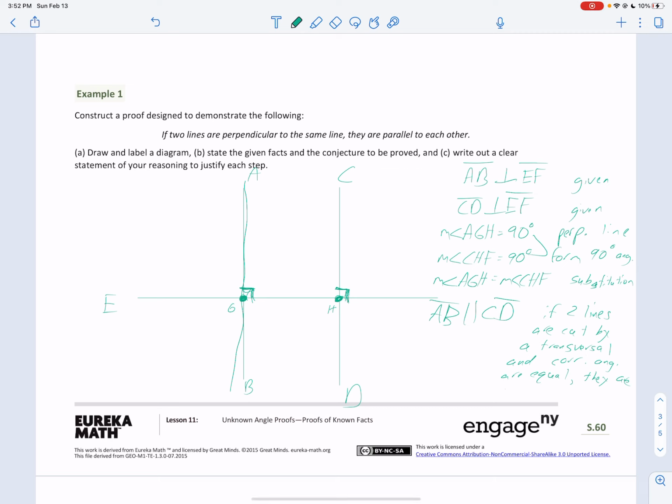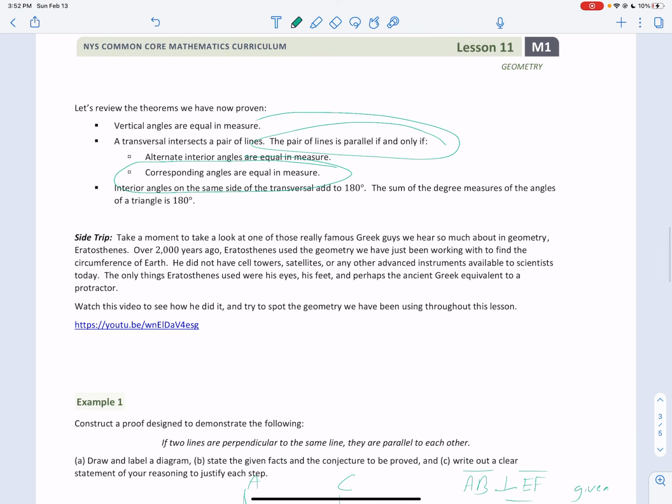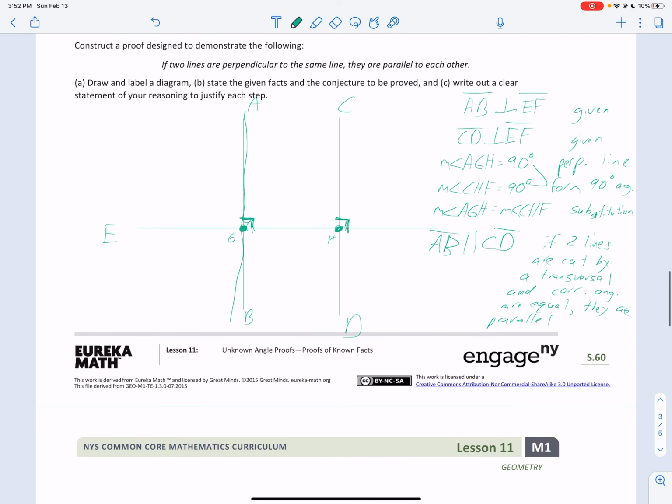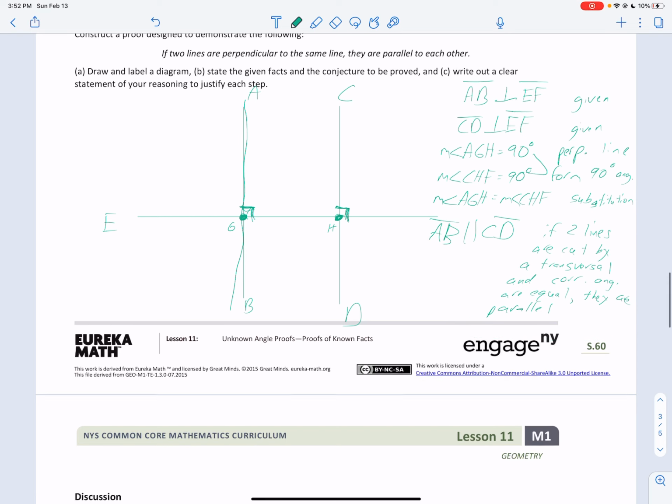And that might read differently from what you see over there up above. Because remember, this thing is saying a transversal intersects a pair of lines. A pair of lines is parallel if and only if their corresponding angles are equal in measure, or their alternate interior angles are equal in measure. Both of them will happen at the same time. But this one reads the opposite. It's the exact backward thing. But that's called a converse.